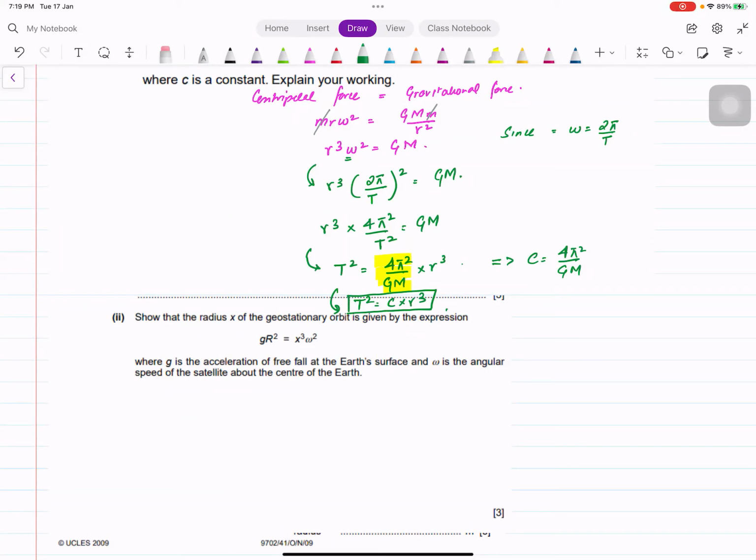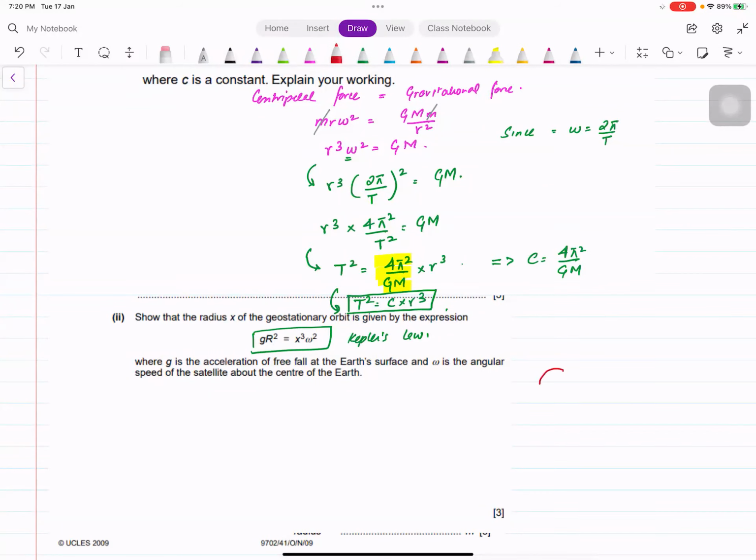Okay, now, again, in the second derivation, which is this one, the moment you see x cubed and omega squared, you should always remember Kepler's law, because that's how it's related, right? So what you're going to do now, as you can see, is the same thing.